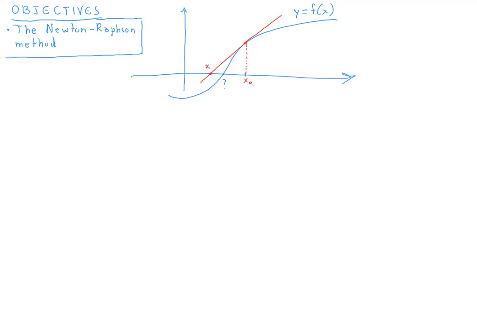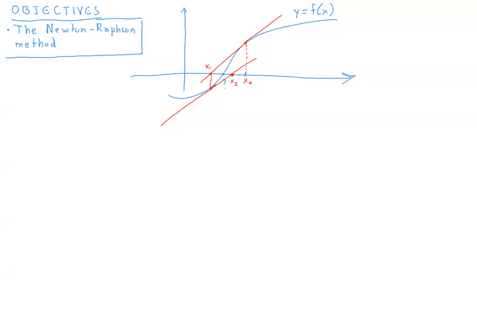Okay, as you can see from this picture, it brings us a little closer to the point that we want to find. And then we continue like this, meaning we find the tangent at the new point that we got. And we ask, where does that tangent intersect the x-axis? And that will be our point x2.